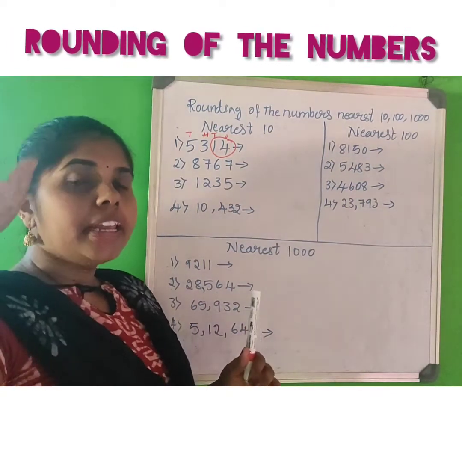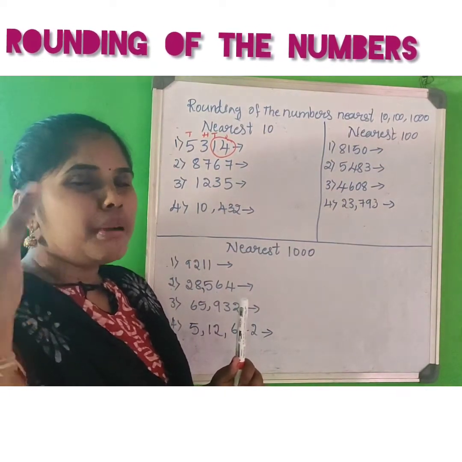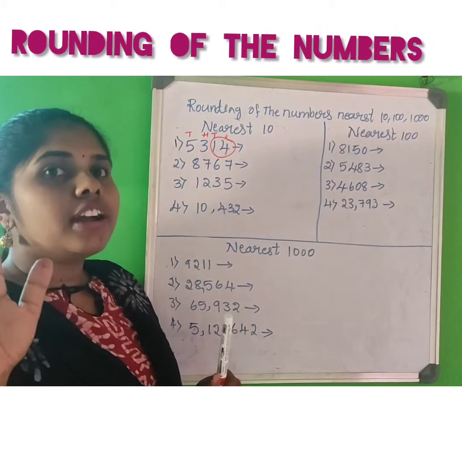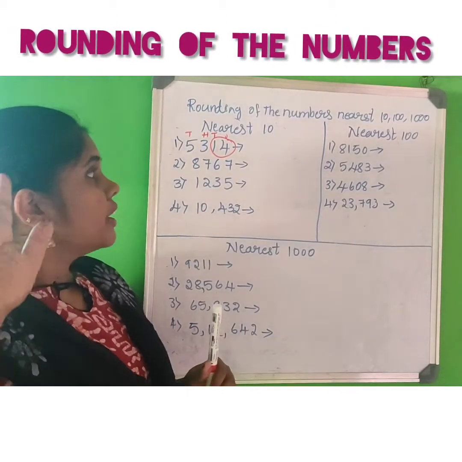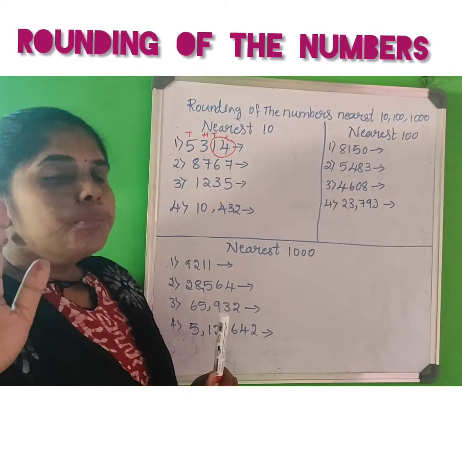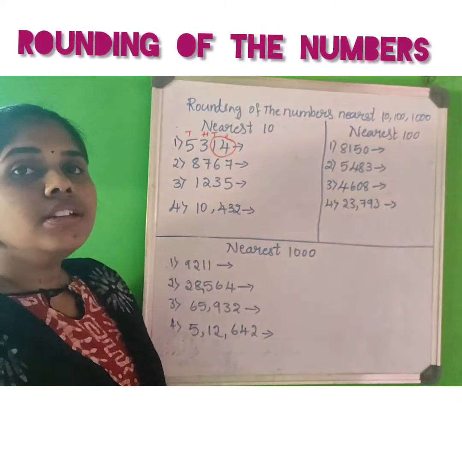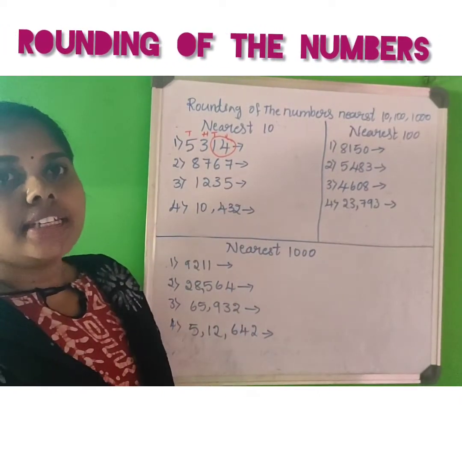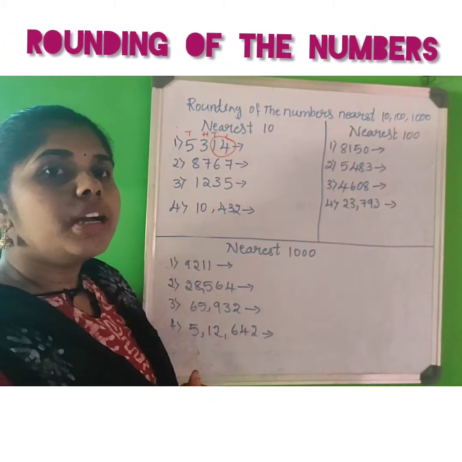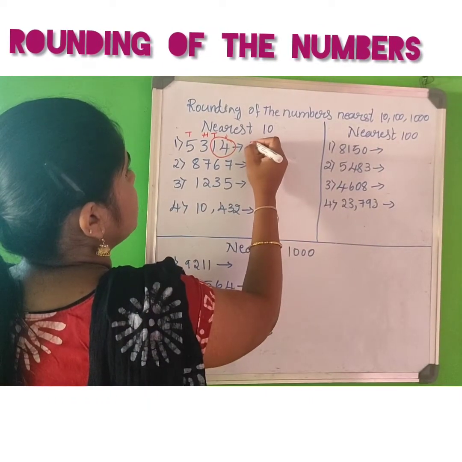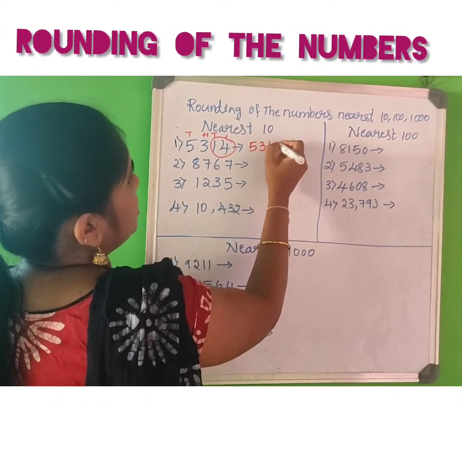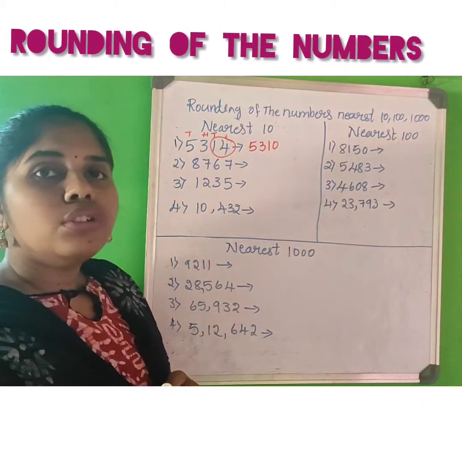That is the right hand rule. You just remember this technique. For your reference, right hand rule means if a number below 5 is in the unit place, you keep the 10th place as it is and make the unit place 0. Which means 5310 is the answer for this.